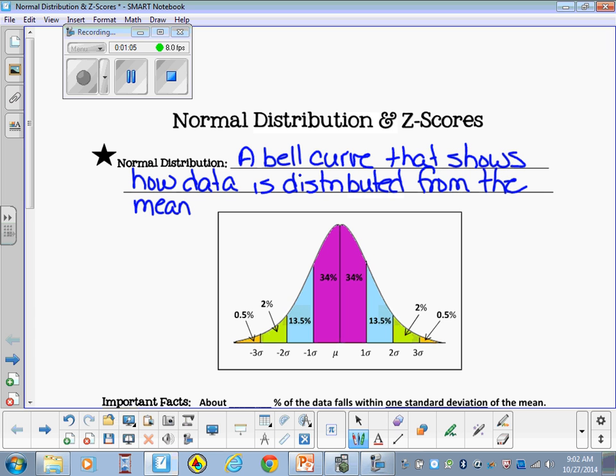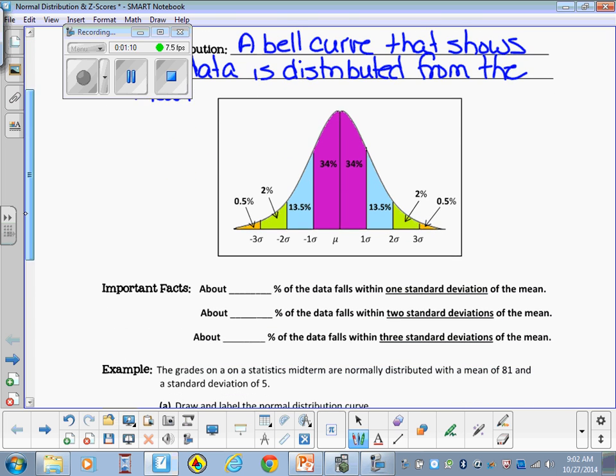When I went to college, all of my professors used a bell curve. So they found the mean on the test, okay, and that's right here. Remember, a symbol for mean is mu, and then our calculator also uses x bar. So we have two different symbols for mean.